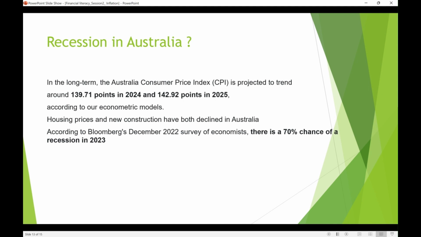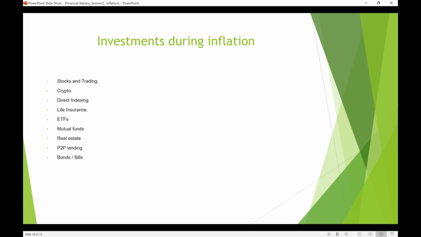During this year, as per the latest survey, because prices are going to be high, the inflation rate is going to go high, and Australia might go into recession, between the first quarter and second quarter. There is a less than 70% chance of going into recession. So we'll wait and see.